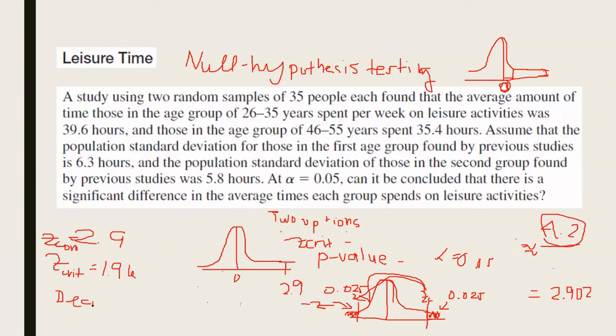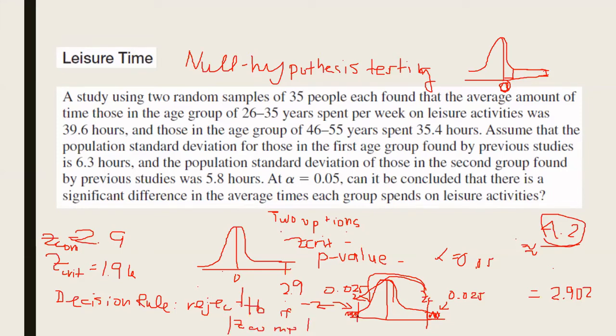What is the decision? Decision rule: reject H0 if the Z computed, absolute value.